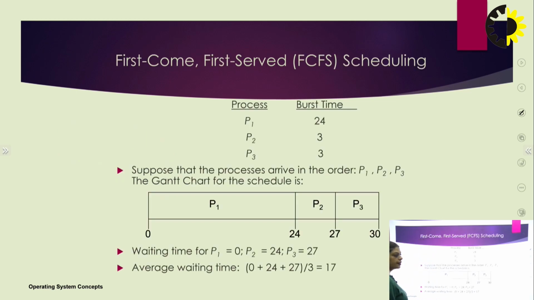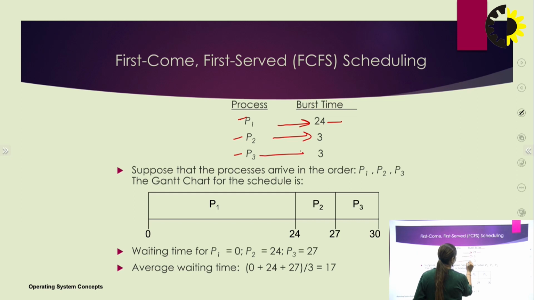Now, let's discuss the first scheduling algorithm, that is first come first served scheduling. When operating systems were first created, the scheduling followed by default was first come first served. Now let us consider three processes, P1, P2 and P3, right? P1 requires the CPU for 24 units of time, and P2 requires only 3 and P3 also requires only 3 units of time.